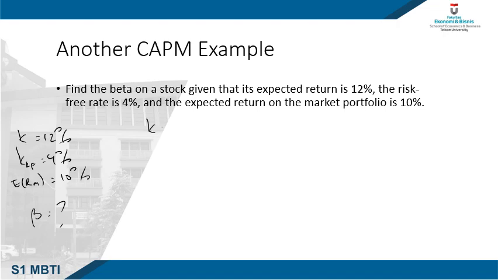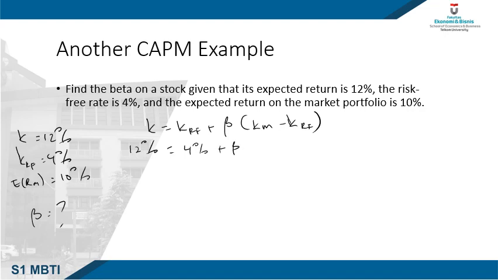Again, the K from the CAPM is KRF plus beta times Km minus KRF. So you just fill in the numbers here. You don't have to memorize many formulas, you just put the values in.